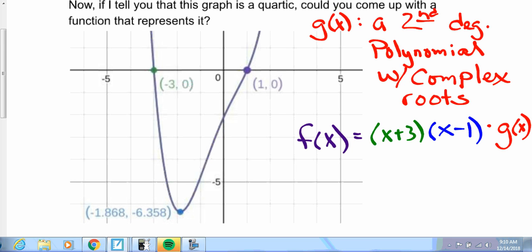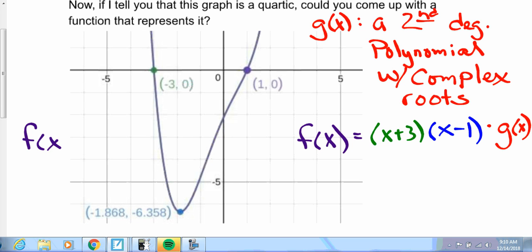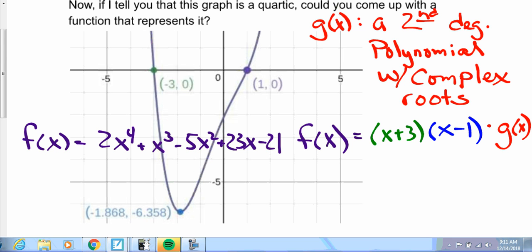Now, if I tell you f of x equals 2x to the 4th plus x cubed, not -25, -5, positive 23, -21. -5x squared plus 23x minus 21. If I told you this was your quartic, could I find the remaining complex roots?